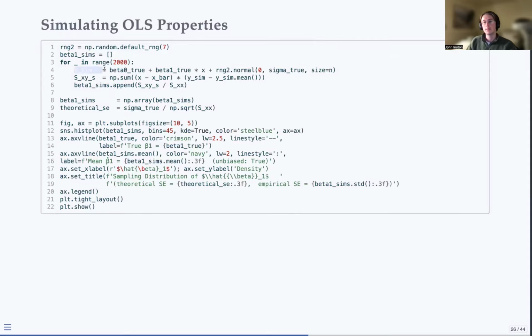Here in my YSIM, I'm using the true parameter values that I defined initially and generating the noise using the sigma that I defined originally, the sigma true, and then computing all of these terms using the definitions that we've just derived, like for beta 1 and for the theoretical beta 1 simulations. So we're simulating all of the different beta 1s for this range of different samples that we're taking of xi, and just producing a histogram for them.